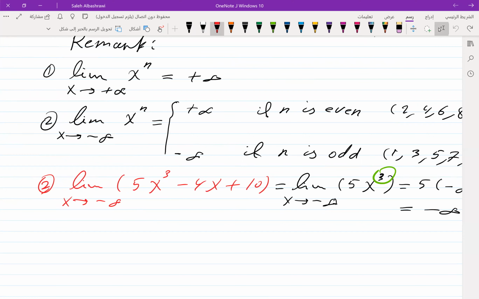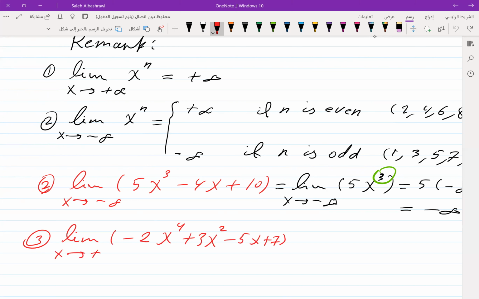One more example. Limit of minus 2x to power 4 plus 3x squared minus 5x plus 7, where x goes to plus infinity.